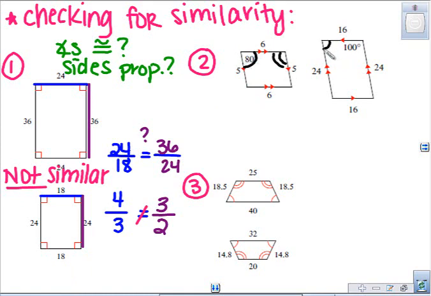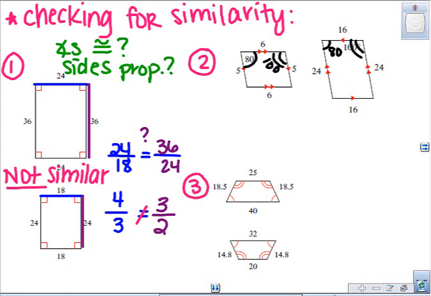This is the acute angle, and this would be the larger one. So if this was 100, that means this would have to be 100. And then you check, would that add to 180? Well, yes, it would. So those are supplementary. So yes, this would be 80, this would be 100. So the angles are congruent.